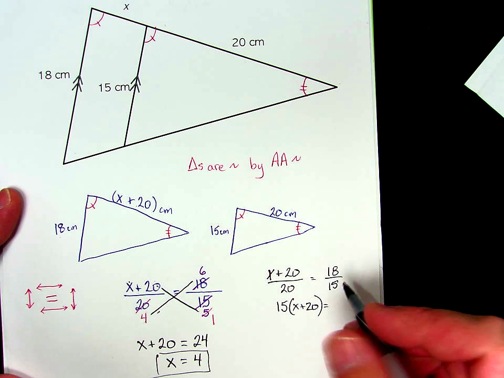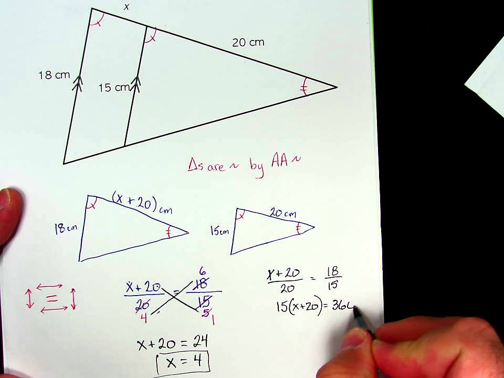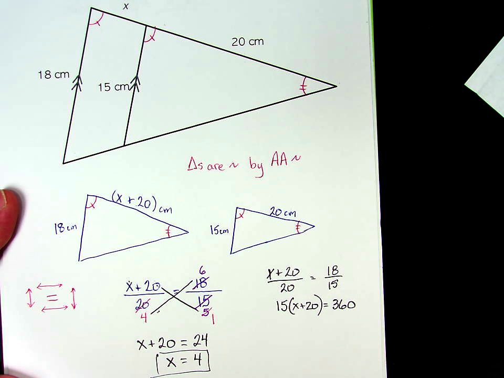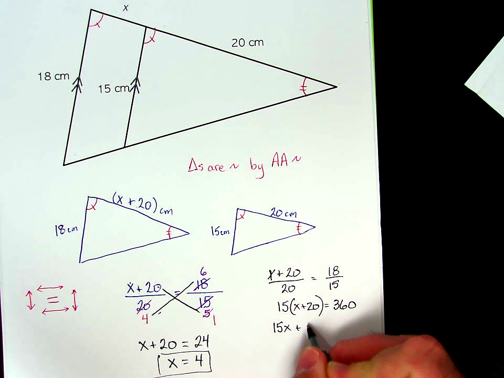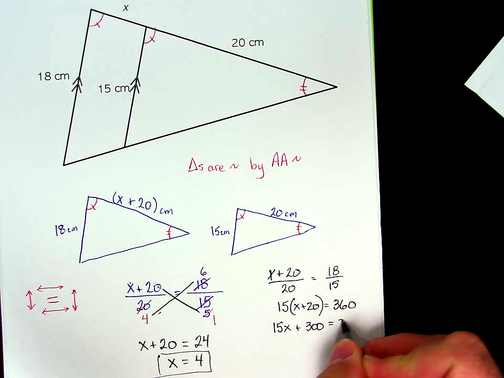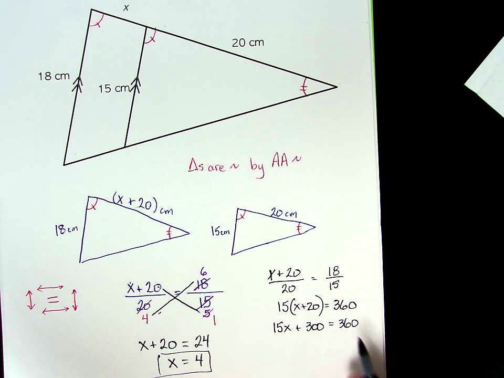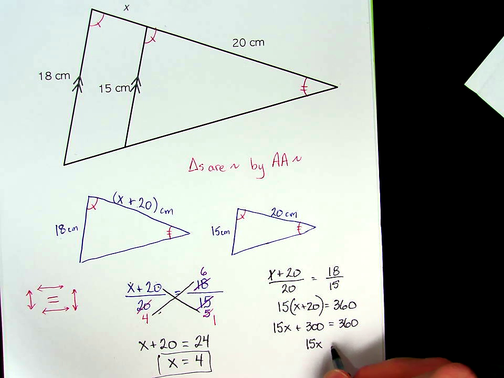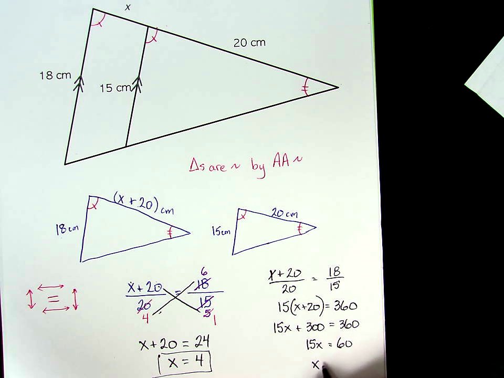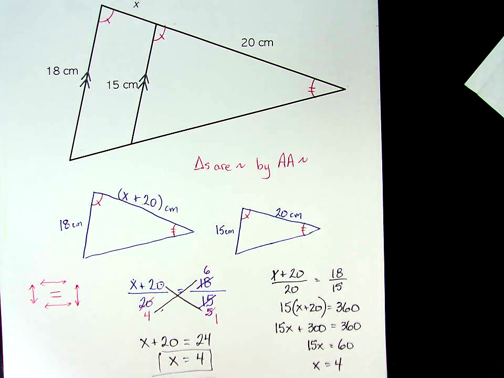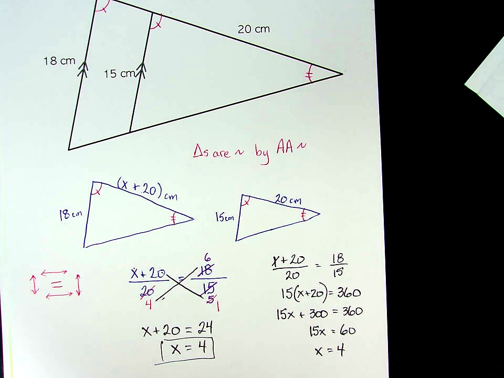Well, I know 2 times 18 is 36, so 20 times 18 is 360. If I distribute, subtract 300, divide both sides by 15, I'd still have come up with the same solution.